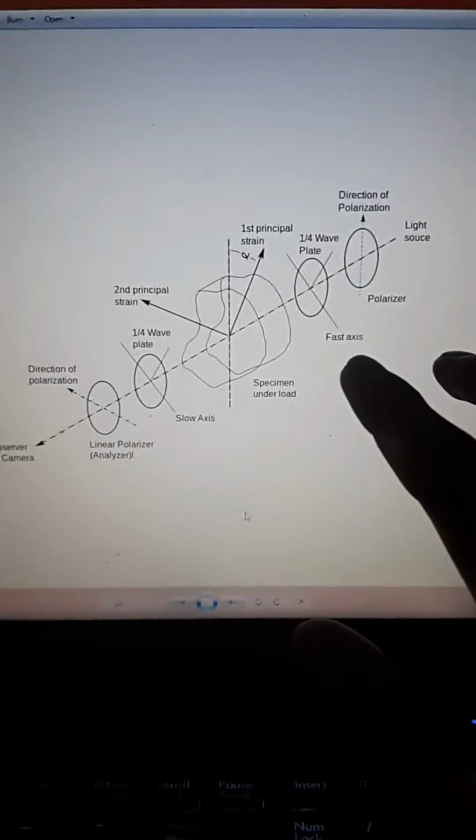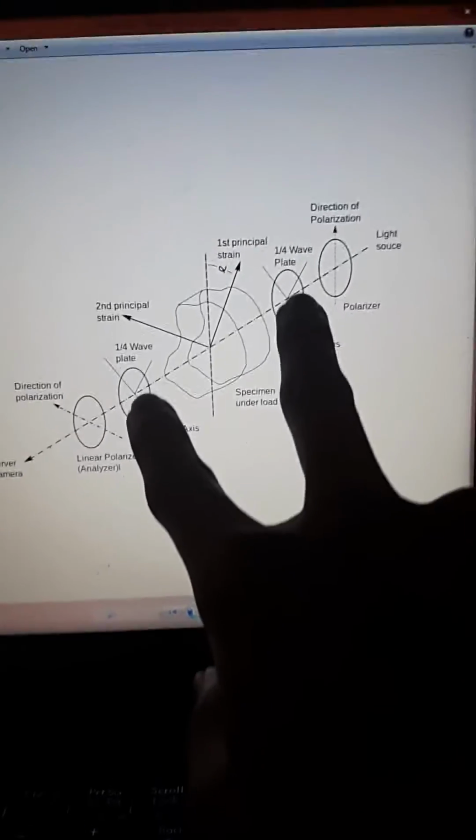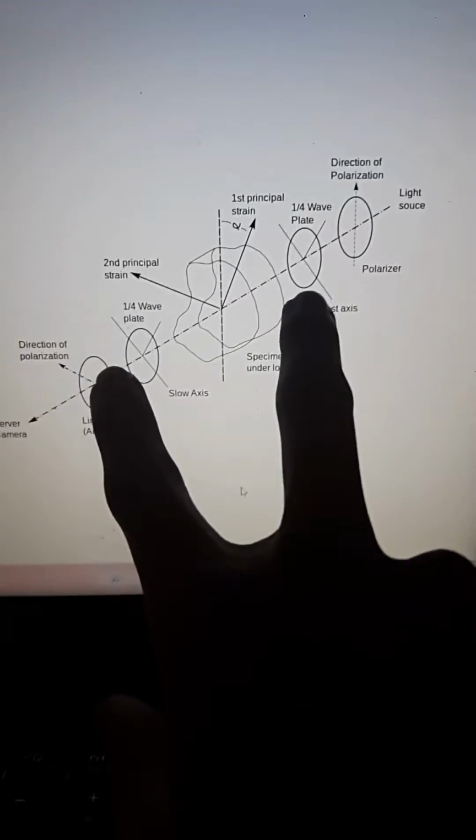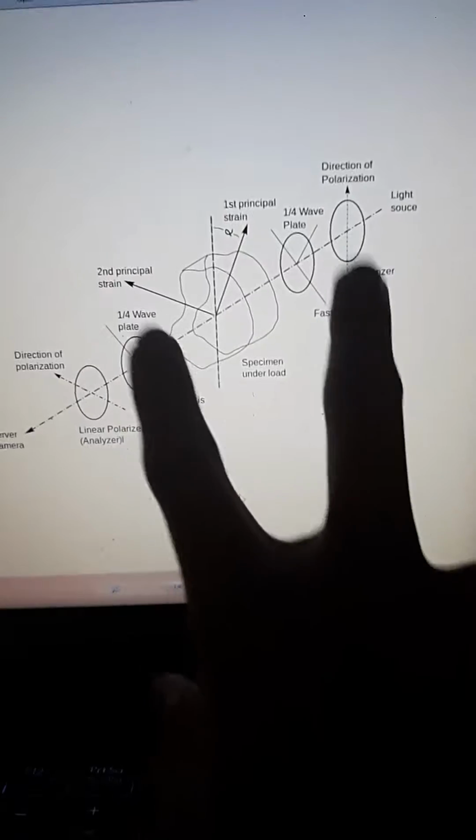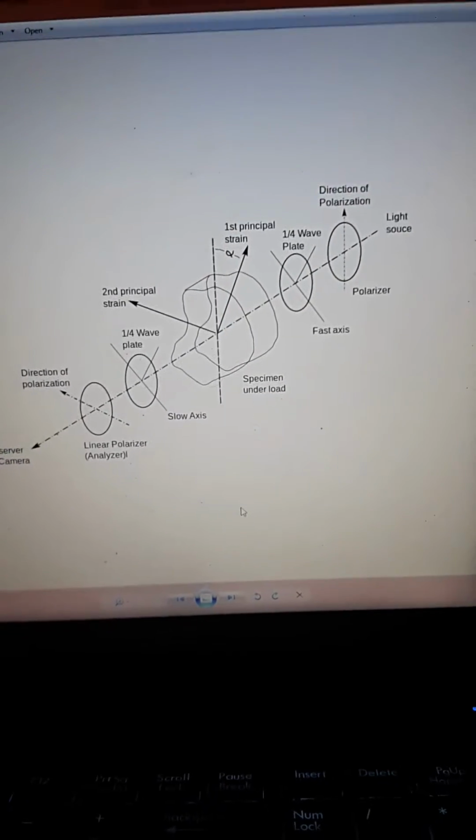As we can see, this is an example of a circular polariscope because it has two retarders, or we can say quarter wave plates. So if we have two polarizers, two quarter wave plates and a material, this is a way to illustrate and project the light better for a circular polariscope.